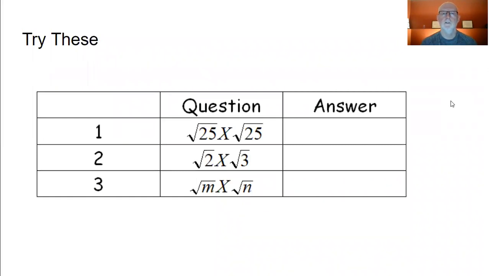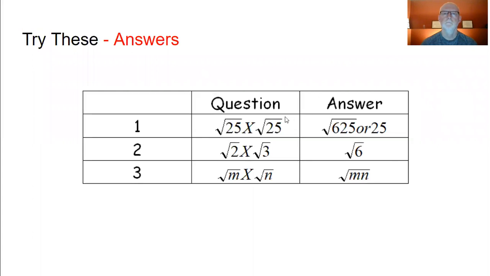Let's look at three questions here. If you want, you can pause. Just write down these questions and check the answers to see what you get. We'll look at the answers on the next slide. 25 times 25 is 625.